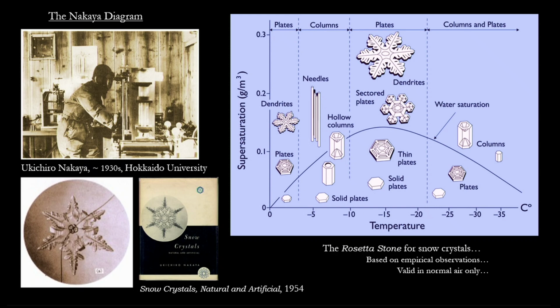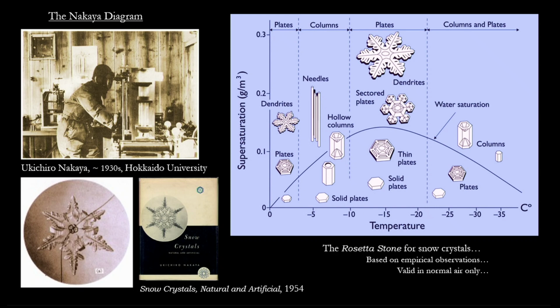So you see these trends. I mean, at very high temperatures, and we saw this in that plot I showed you before, the matrix I showed before, you get plate-like crystals when the temperature is just below freezing, and then columnar crystals around -5, -6, and more plates, very thin plates around -15. And if you really go lower in temperature, down here around -50, -60, you get columns again.